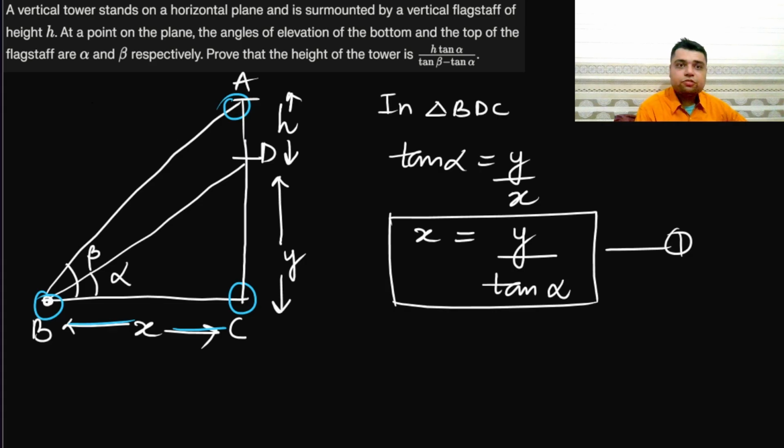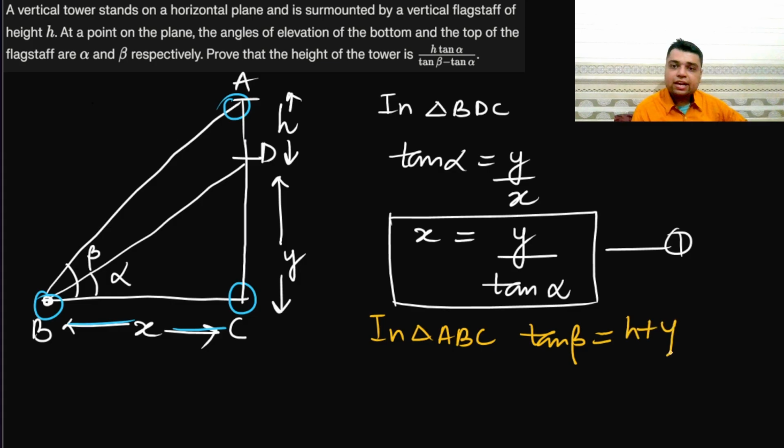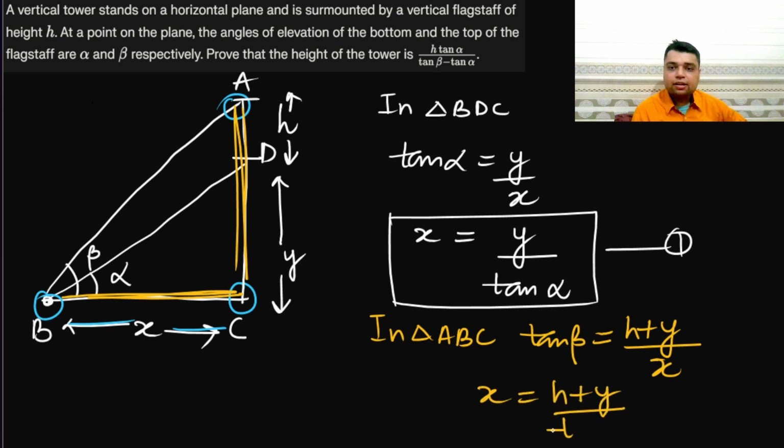Talking about the second equation, in triangle ABC, what can I say? Tan beta will be equals to h plus y upon x. This will be the AC upon the base, that is x. So what will be the value of x? X will be equals to h plus y upon tan beta. This is equation 2.